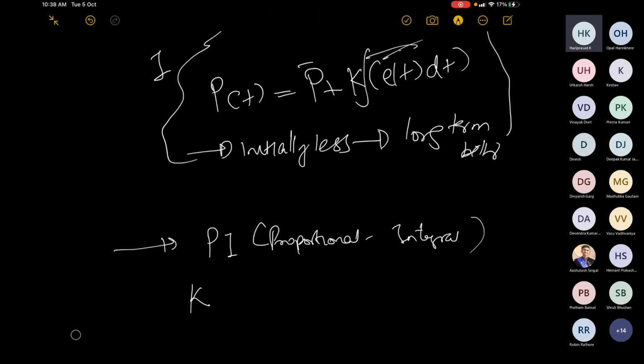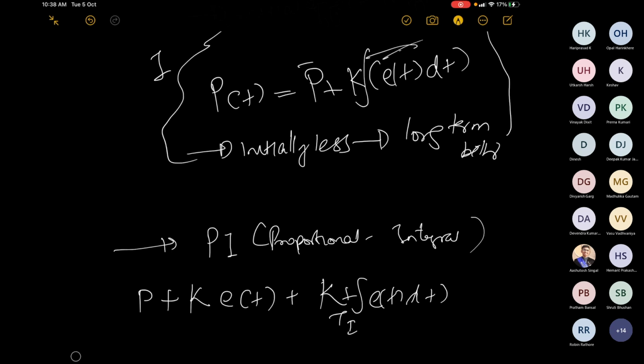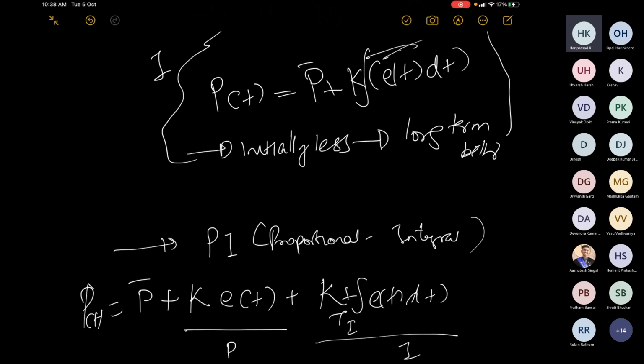So the output would be K times E(t) plus K times 1 by tau I times the integral of E(t) dt, plus, of course, a bias. This is your P(t). You have a proportional action, and this is the integral action. Because these are all additive, the initial proportional effect would also sum in.